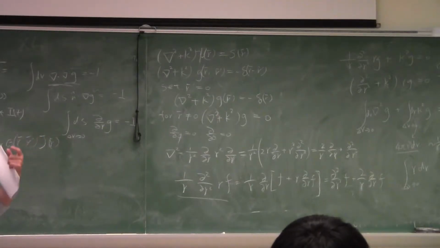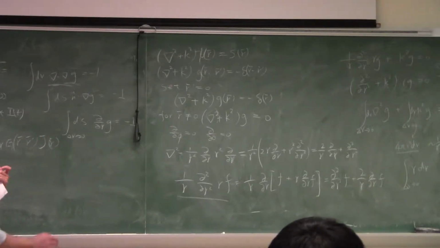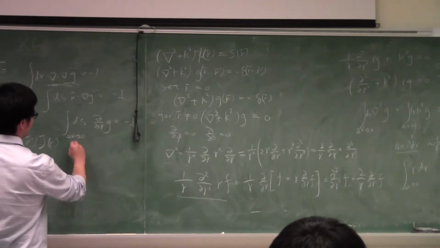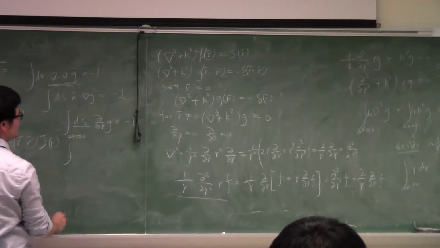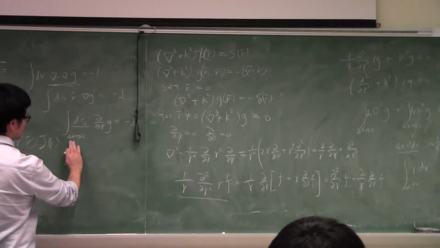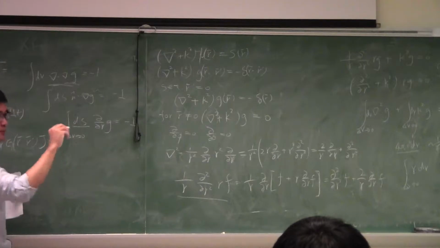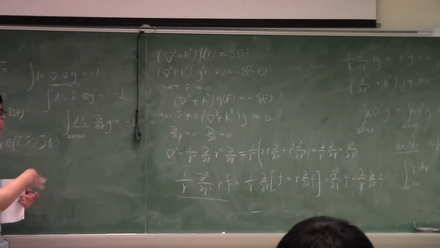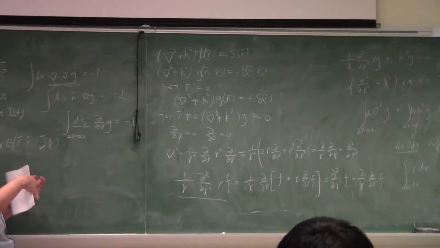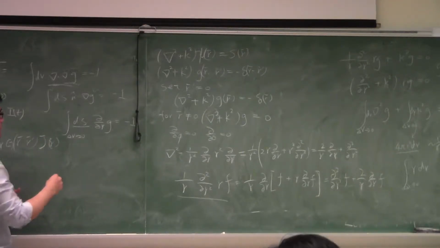So the e to the ikr will just go to 1. And this dS, because it's spherically symmetric, every point on the sphere is the same, so I can simply multiply by the surface area of that volume.